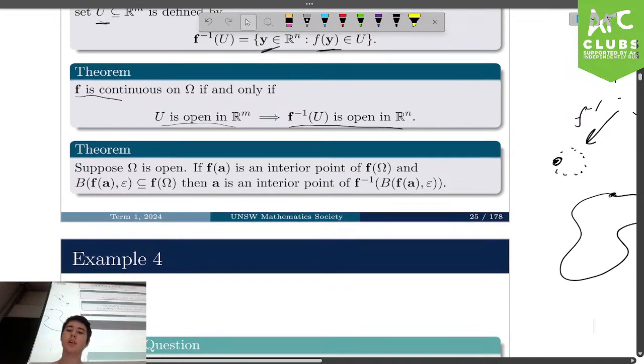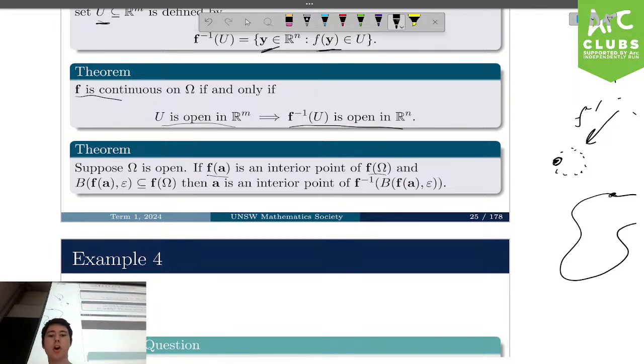Okay, one extra thing, we have that given an interior point of the image, right? And the fact that this point exists within some size ball, we have that the same point in the domain is an interior point of the pre-image of the ball, right?